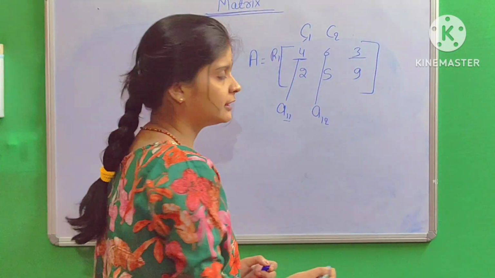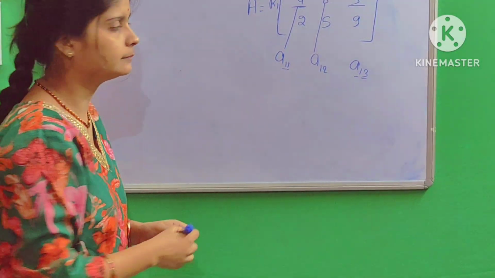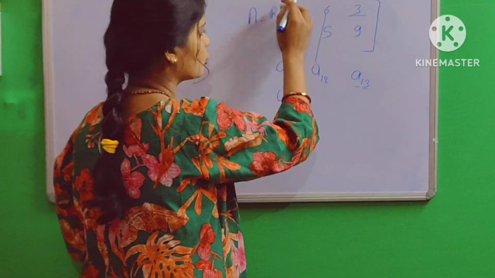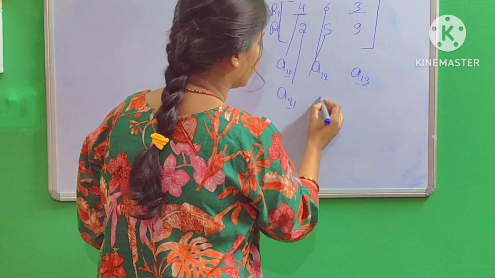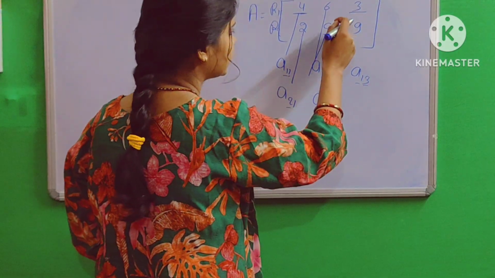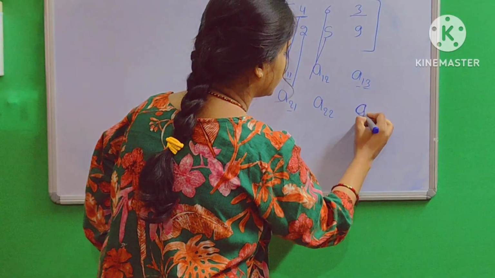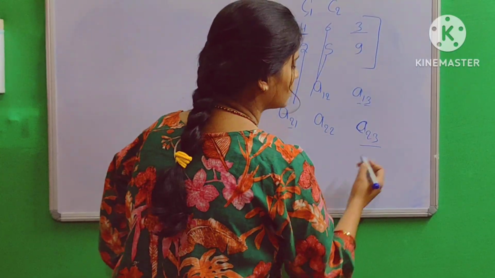What do we write for this? A13, first row and third column. This is A21, second row, R2 and first column. A22 means second row and second column. A23 means second row and third column.